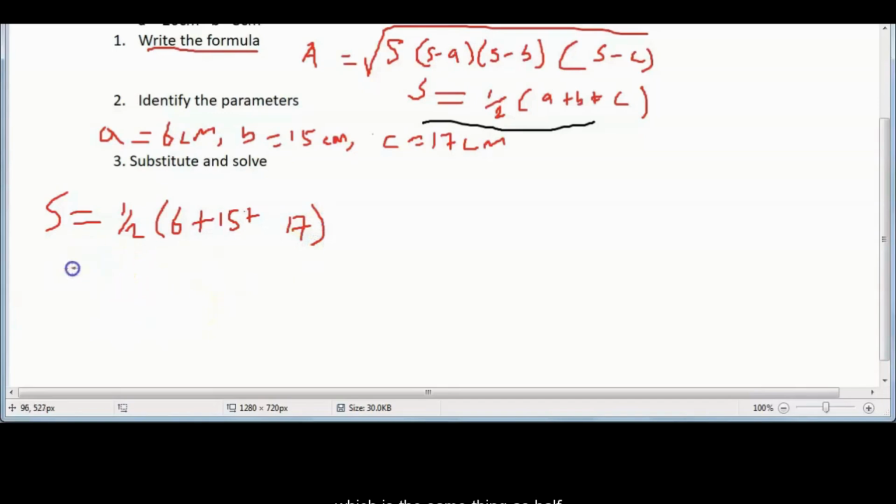Which is the same thing as half times 38. The half of 38 is, of course, 19 centimeter.